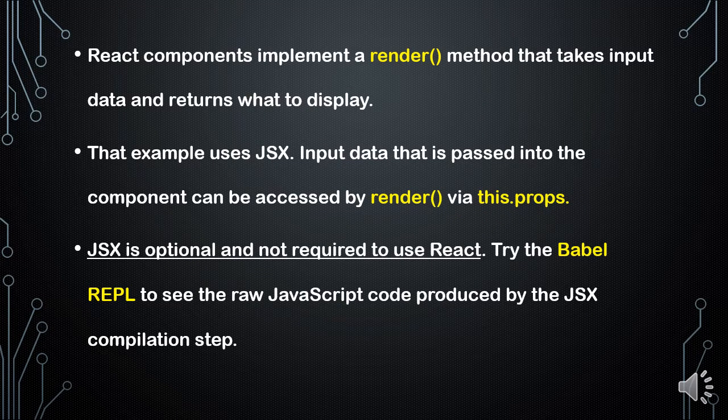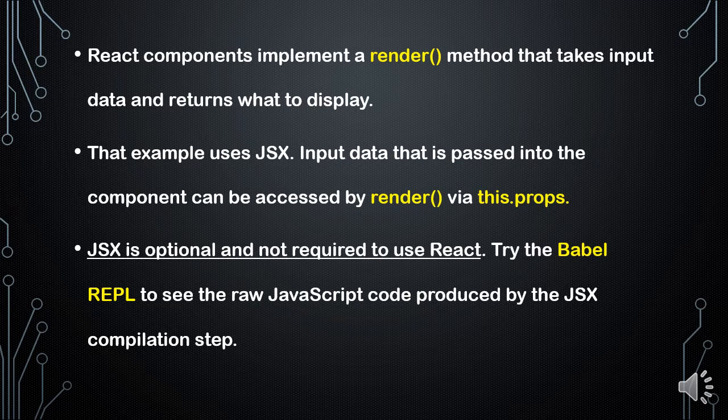React components implement the render method that takes input data and returns what to display. That example uses JSX. JSX is JavaScript XML. Input data that is passed into the component can be accessed by render via this.props.